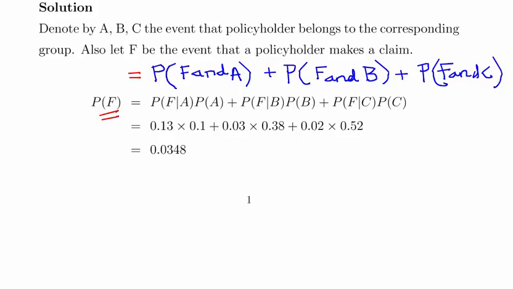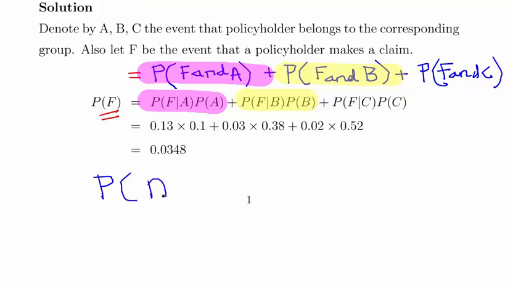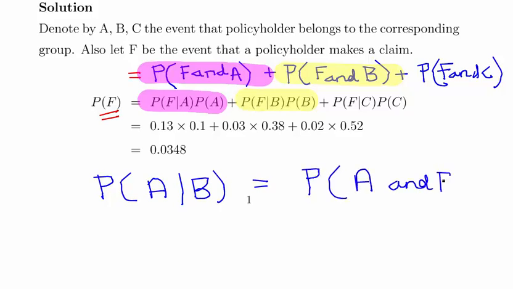Now, using the conditional probability formula, we can re-express this algebraically as this. And likewise, we can re-express this algebraically as this. So this is just reformatting this formula here. Probability of A and B. Now in this case it's the generic A and B. It's not the A and B age groups.